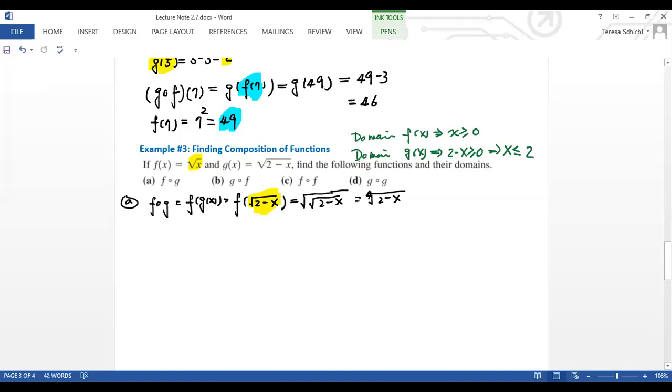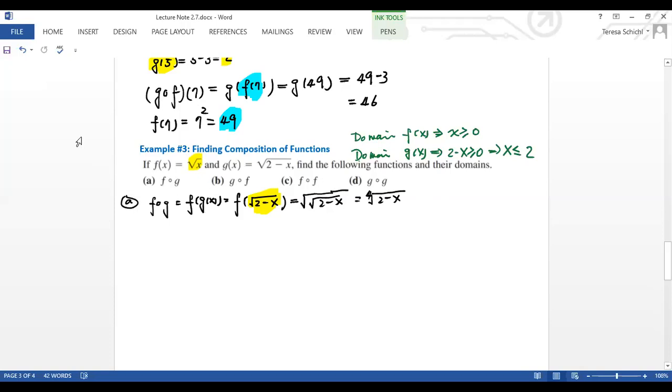Okay, now let's take a look. What is the domain? Remember the domain has to satisfy g of x first, right? So the domain for g of x is x less than or equal to 2. And we also need to satisfy the f of x.